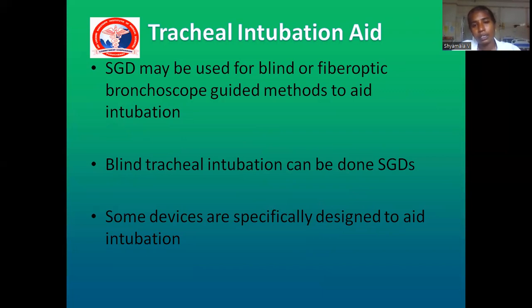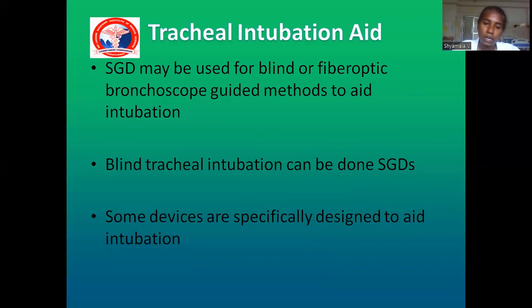Then blind tracheal intubation can be done after using the supraglottic airway device. Some devices are specially designed to aid intubation, that is, the intubating LMA. With that LMA, you can put the endotracheal tube also. You put the LMA, then with the help of an introducer, you introduce the endotracheal tube.